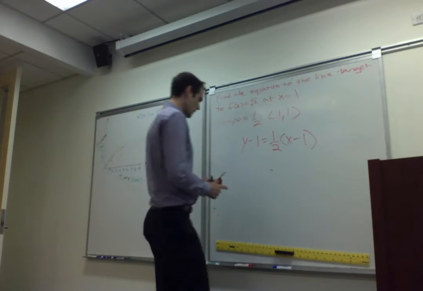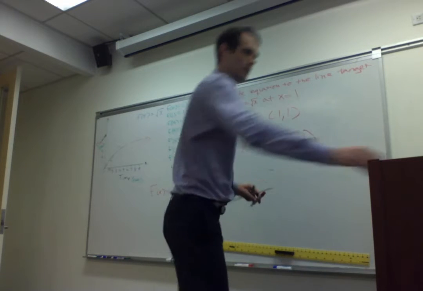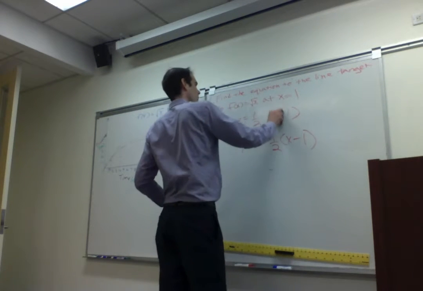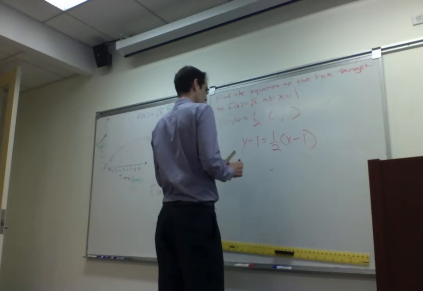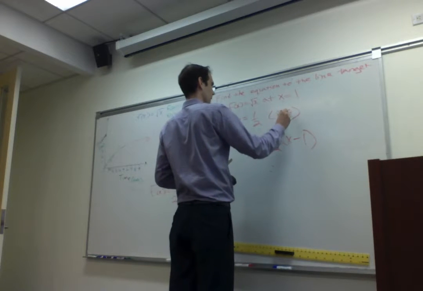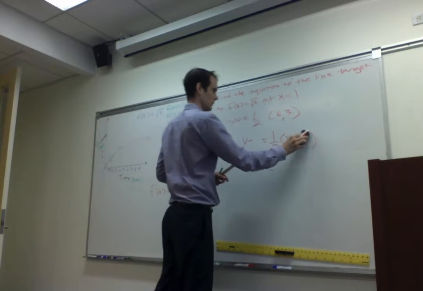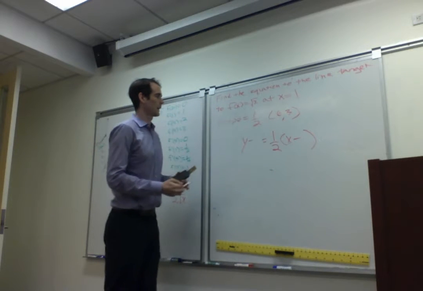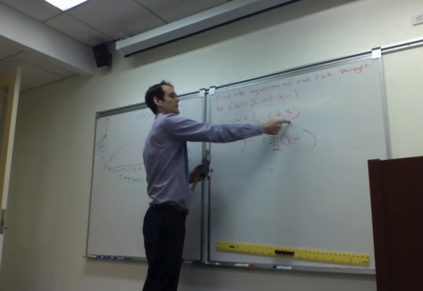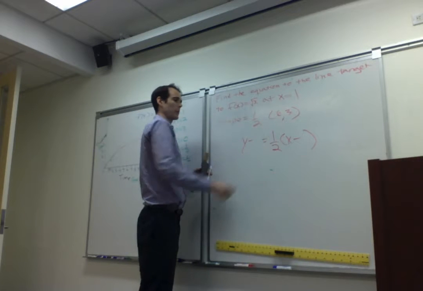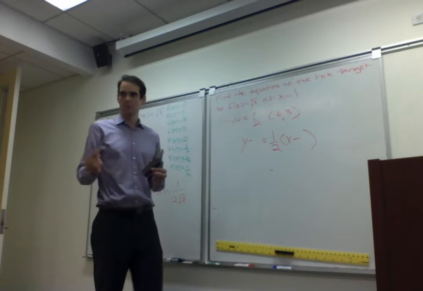Suppose I were to tell you that this wasn't the point (1, 1), this was the point (6, 3). How would I write a line that had a slope of 1/2 and contained the point (6, 3) in point slope form?